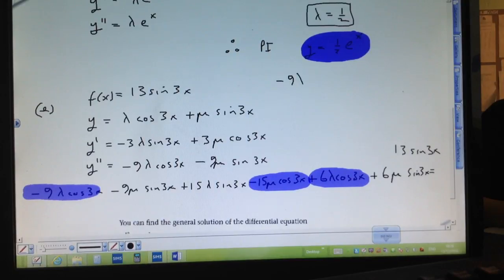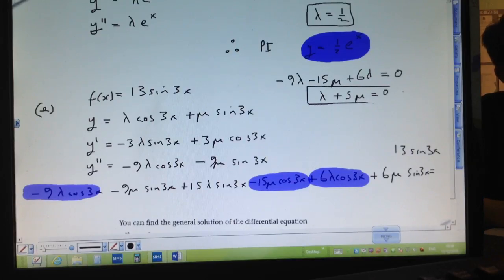I'm just using the coefficients here, not worrying about the cos 3x now: minus 9 lambda, minus 15 mu, plus 6 lambda. For that not to exist, that must equal 0. Neaten that up, and I end up with minus 3 lambda minus 15 mu is equal to 0. I'm going to divide through by minus 3, so that gives you lambda plus 5 mu is equal to 0. So that's my first simultaneous equation.